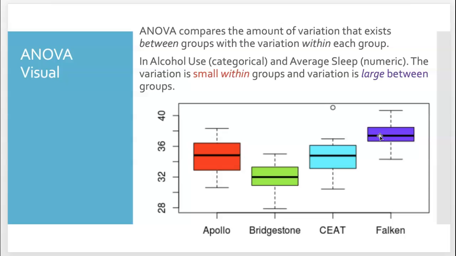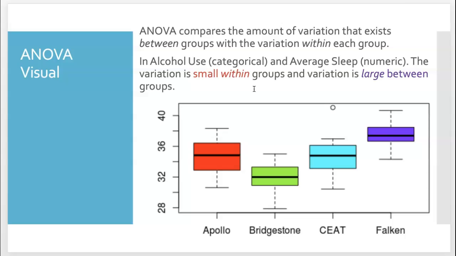If you look at the means, they go from 32 all the way to about 38. So in comparison to within groups, the variation is large between groups. These averages vary a lot, and by the picture we can see clear differences in the mean lifetimes. So in a case like this, we're obviously going to reject the null hypothesis.